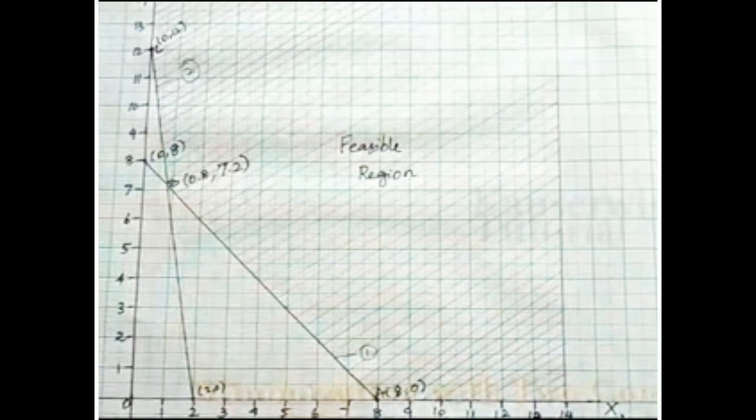By substituting the values of x1 and x2 from these corner points, I will obtain the objective function values. In this question, the objective function is z equal to 4x1 plus 6x2.